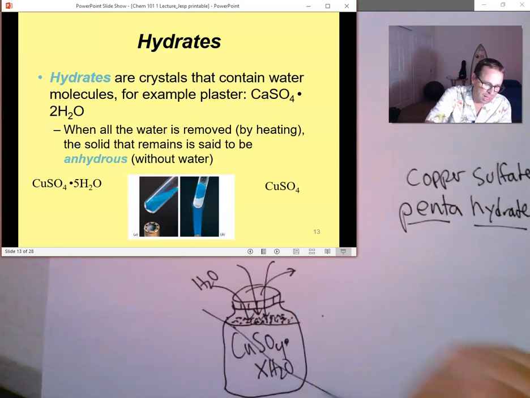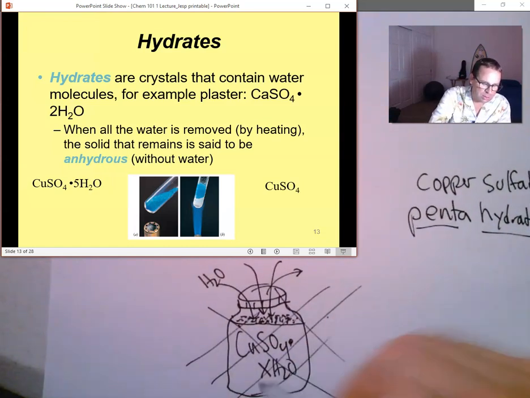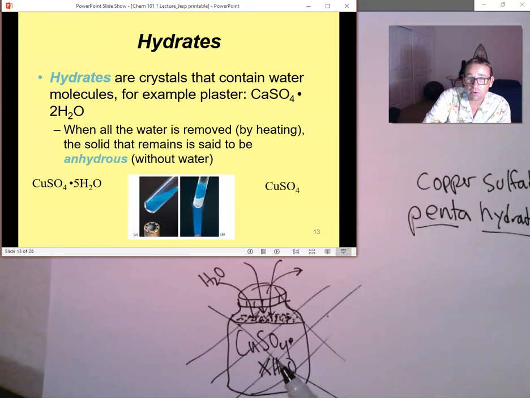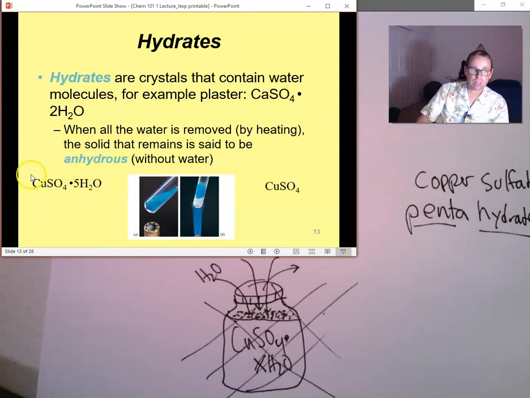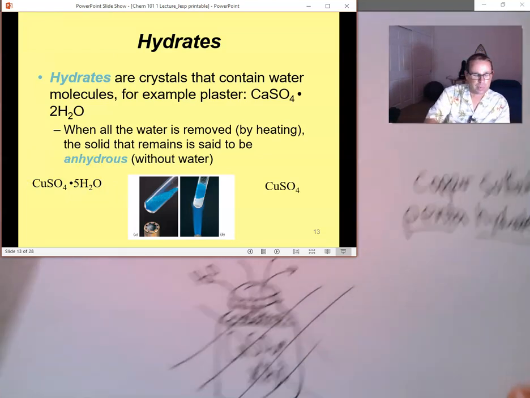So generally, if compounds are very hygroscopic, you don't want to buy them as anhydrous. Anhydrous means without water. You want to buy them as hydrates, because that allows you to know exactly how much water there is, and so it won't gather water over time.